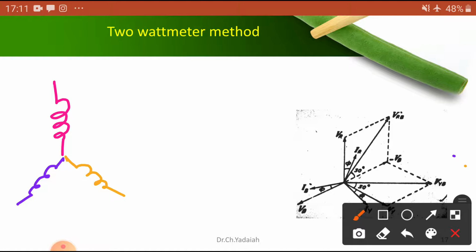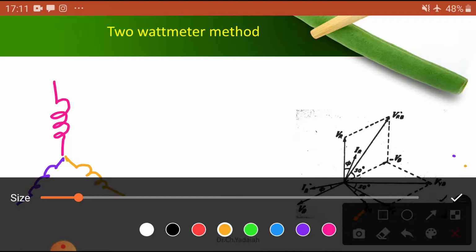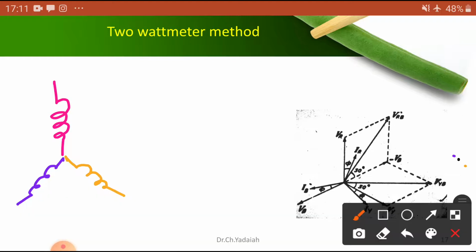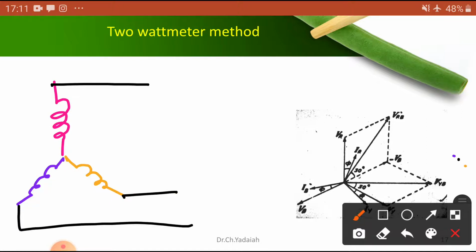Take the black color for the common. This is connected here, here, and here. This is the R phase, this is the Y phase, this is the B phase.